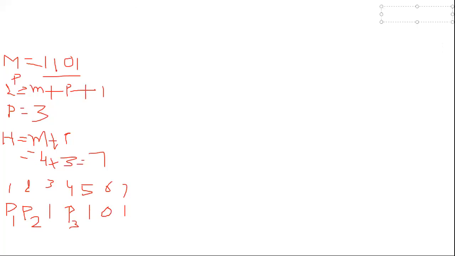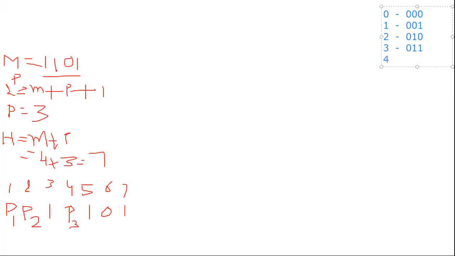Okay. So 0 means 0, 0, 0. 1 means 0, 0, 1. 2 means 0, 1, 0. Here the bits are 1 to 7, that's why we are taking from 0 to 7 or 1 to 7. Next, 3 is 0, 1, 1.